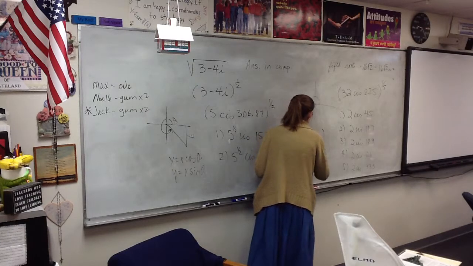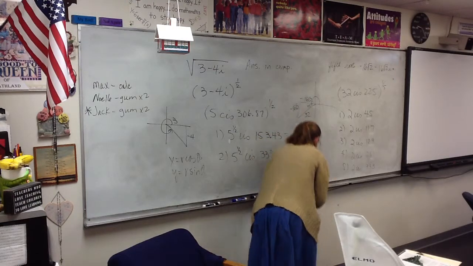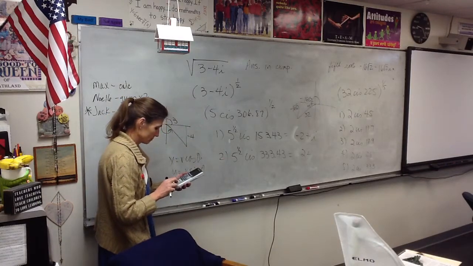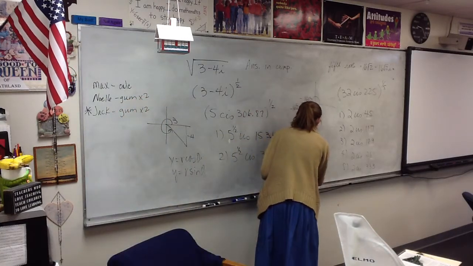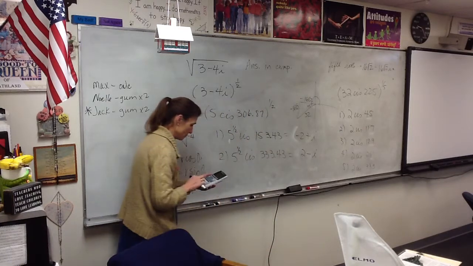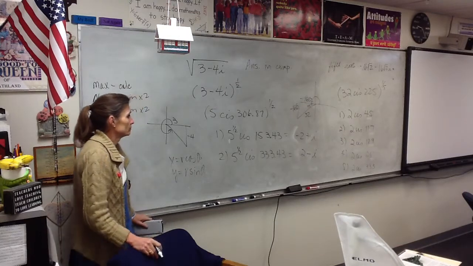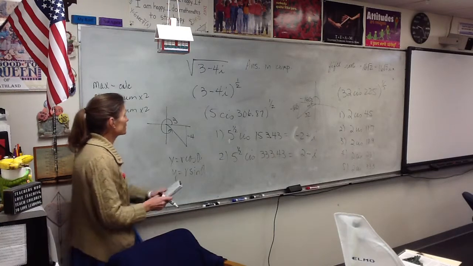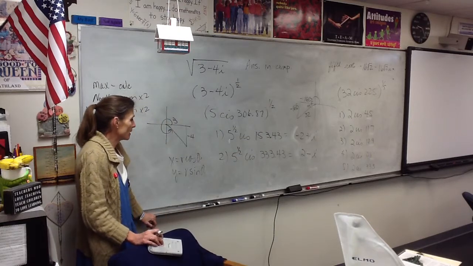Just take it all, just erase it all. These are not ordered pairs, these are numbers. Who would have thunk it? The square root of 3 minus 4i is negative 2 plus i and 2 minus i. Pretty neat.